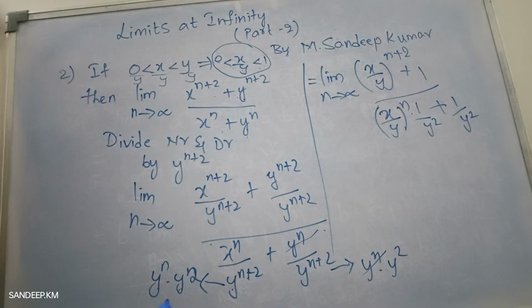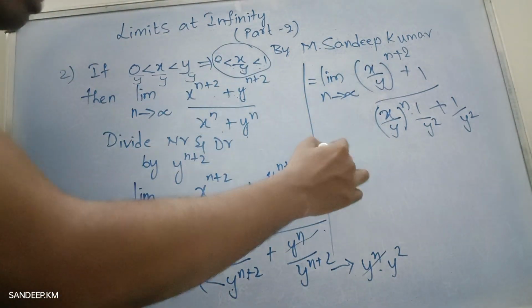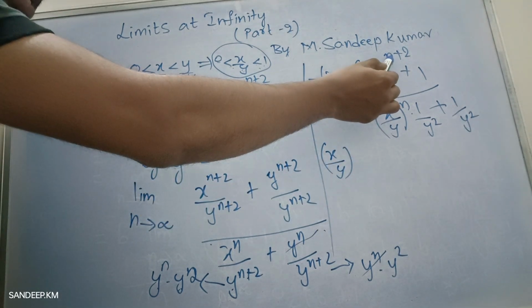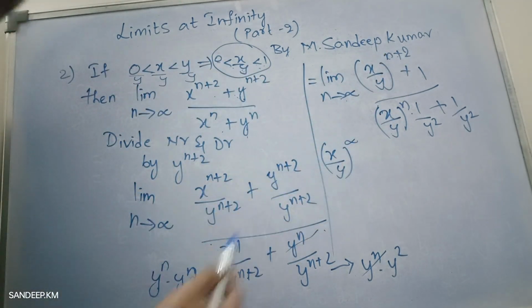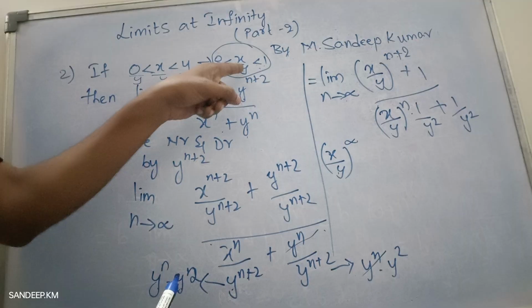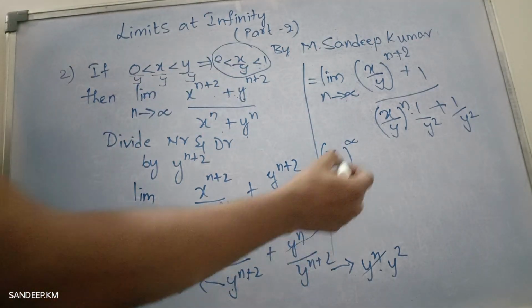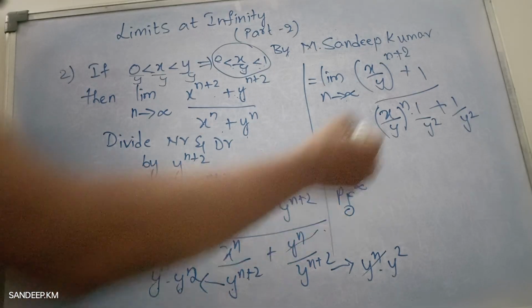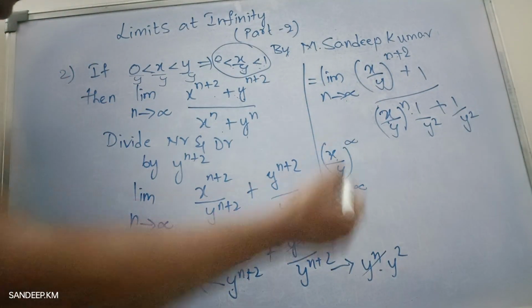Dear students, as n approaches infinity, x by y power n plus 2, as n approaches infinity, infinity plus 2 is also infinity. And x by y is what fraction? X by y is a proper fraction, and proper fraction power infinity is what, dear students? 0, correct or not? So this becomes 0. Similarly this also becomes 0.